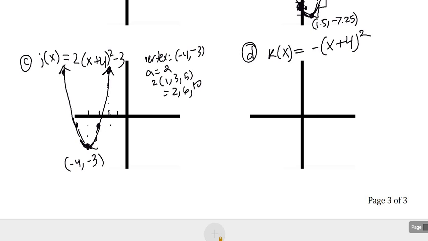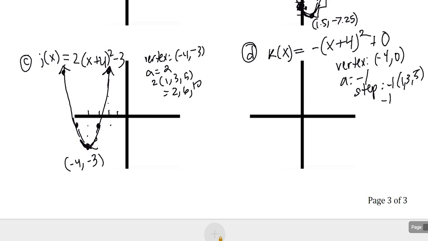Okay. Next, my vertex is at -4, 0. This is the same as if I had written +0. My A value is -1, so my step is -1 times 1, 3, 5. That's -1, -3, -5. So let's do my vertex. 1, 2, 3, 4. -4, comma, 0.